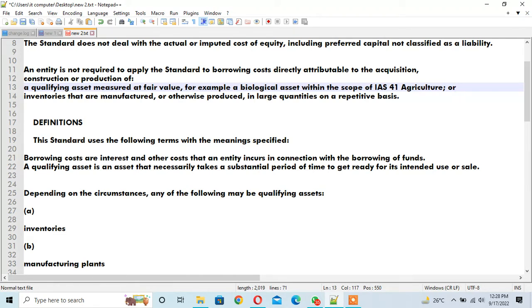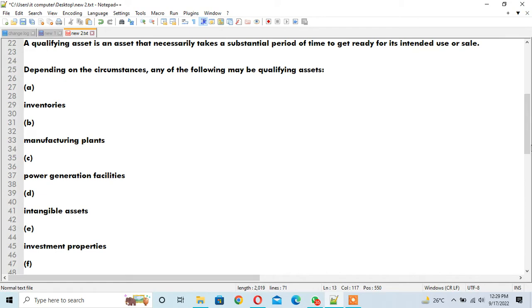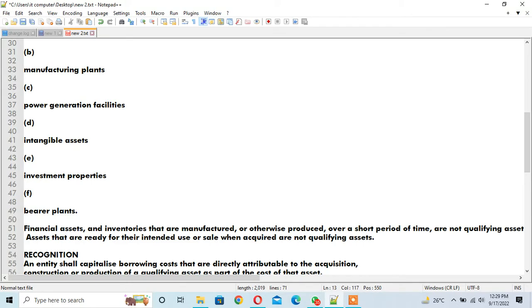Qualifying assets are not finished assets. These assets take a substantial period to get ready for intended use or sale. Depending on the circumstances, any of the following may be qualifying assets: inventories, as you know, I have also discussed inventories in my channel, manufacturing plants, power generation facilities, intangible assets, and investment properties.